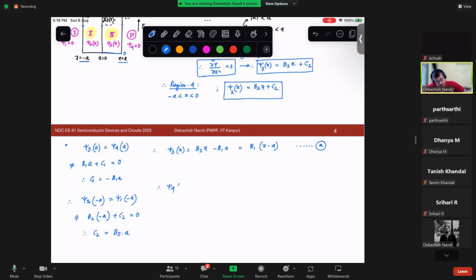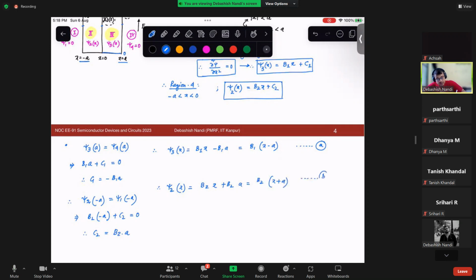So your psi 2 of x should be B2 x plus B2 A. That is your B2 of (x plus A).